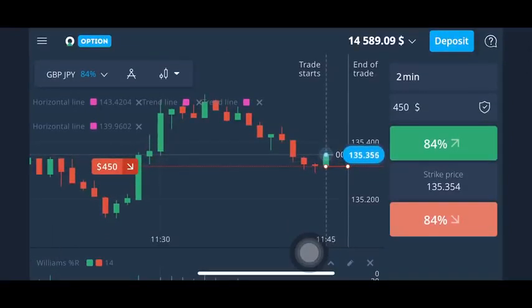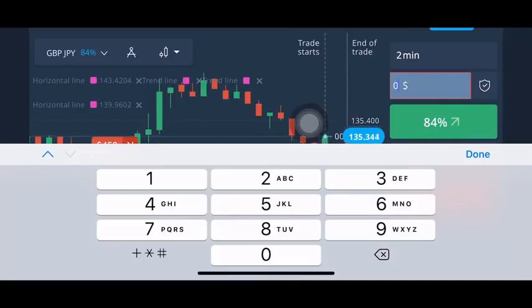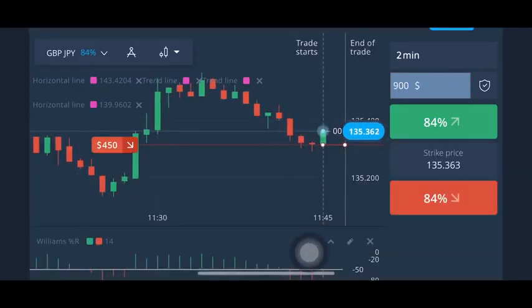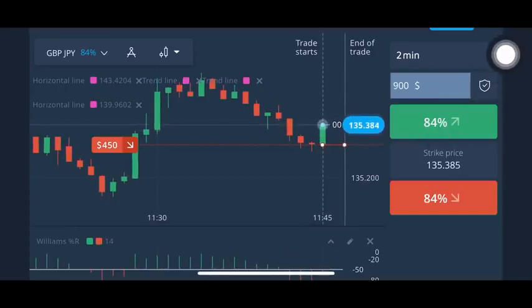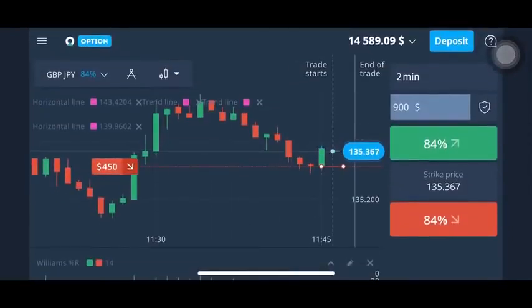We can always make a lot of money by using the martingale principle, which is a personal favorite of mine. When we use the martingale principle, it means you are doubling your investment every trade you open. This is simple, not a very big deal.